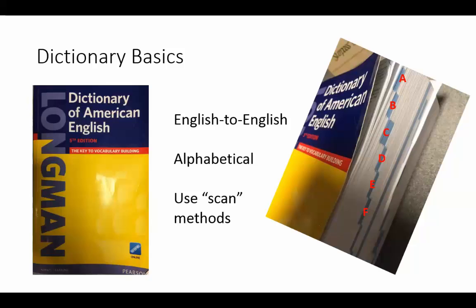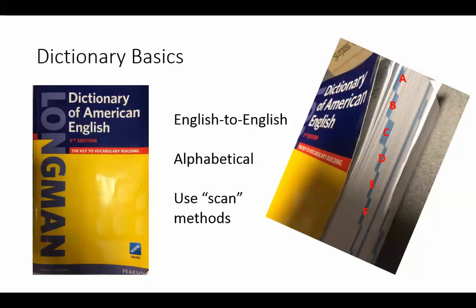The dictionary we use, or we recommend, is the Longman Dictionary of American English, but you can really use any English to English dictionary. What that means is that there is an English word and then there's an English definition as well.